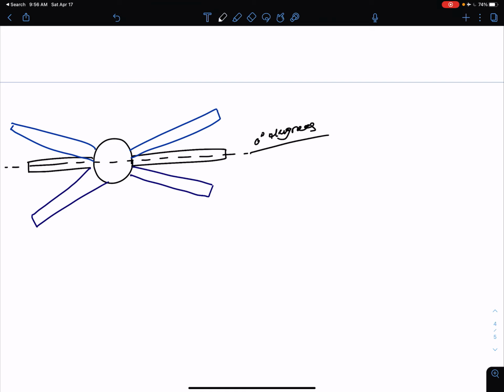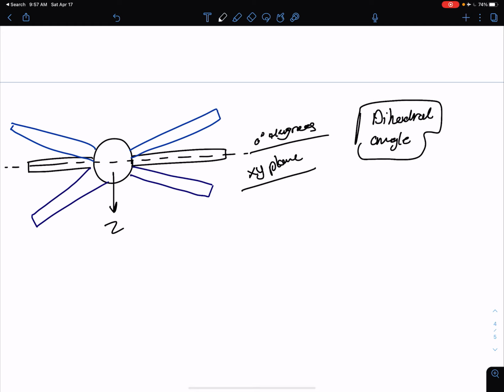So with the XY plane, in general, this is called the XY plane. If this is your Z direction, the angle they make with the XY plane is called the dihedral angle in general. This dihedral angle can be positive, like this, or can be negative.